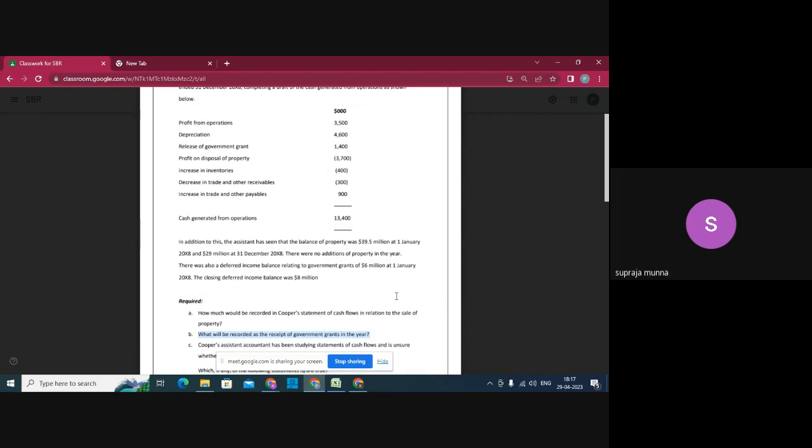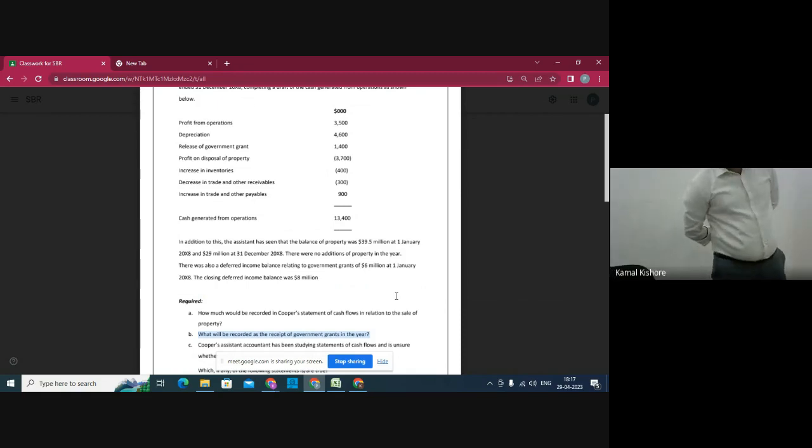I'm not very sure whether that 1.4 million relates to a revenue grant or an asset-related grant. If I see the line below, 6 million is the government grant which has been booked under deferred income. The closing balance of the deferred income is 8 million, so I could see a 2 million increase.